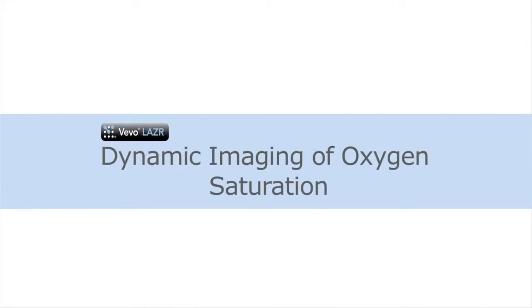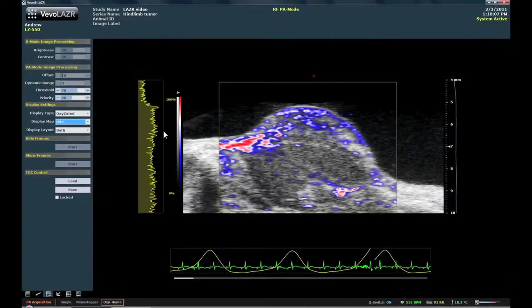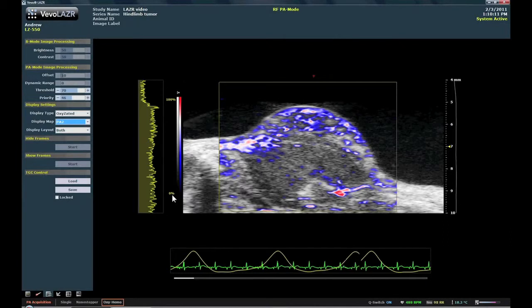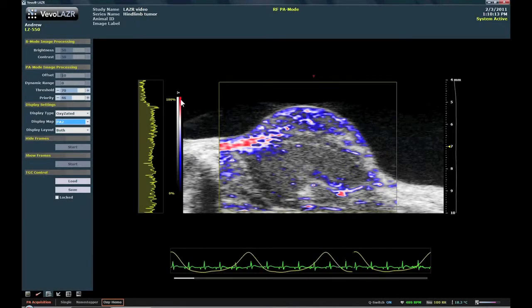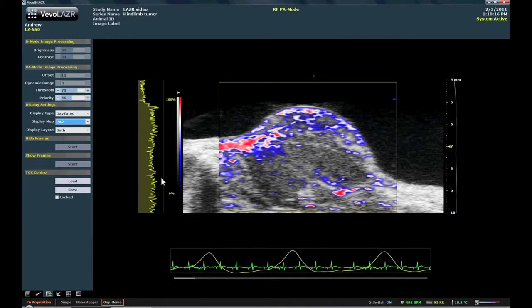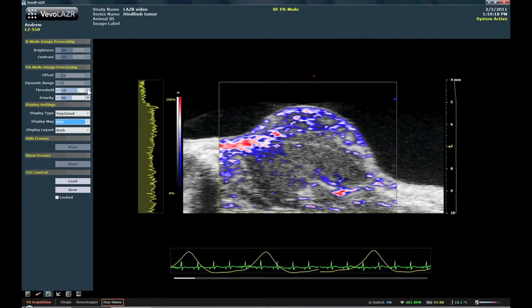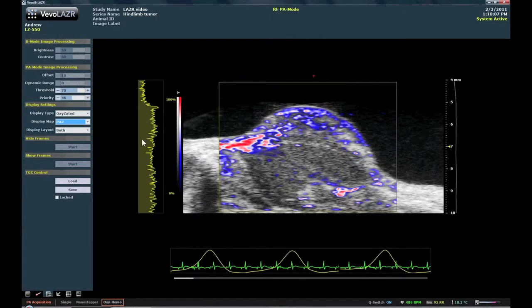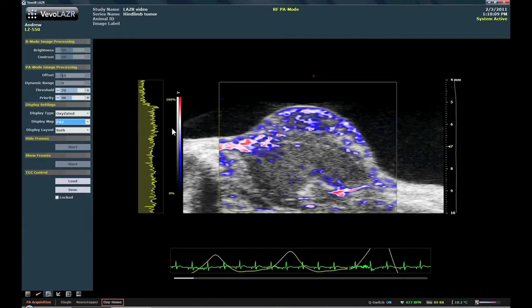Imaging oxygen saturation is one of the key functionalities of the Vevo LAZR photoacoustic system. The Vevo LAZR is capable of measuring oxygen saturation within the tissue based on the differential absorption spectra of oxygenated and deoxygenated blood. This rendering shows hypoxic regions in a mouse hind limb tumor in blue, as well as highly vascularized and therefore oxygenated regions in red.